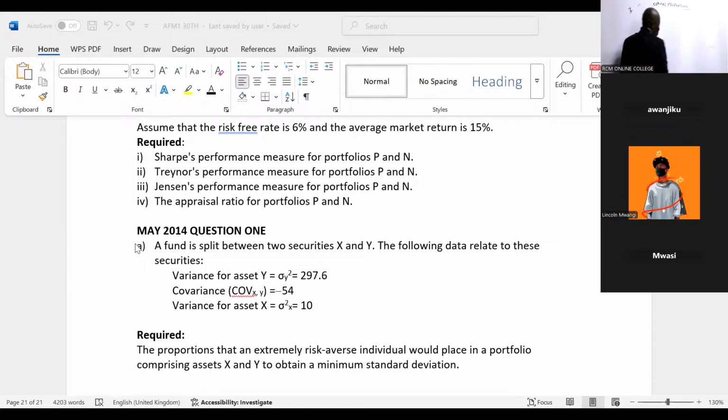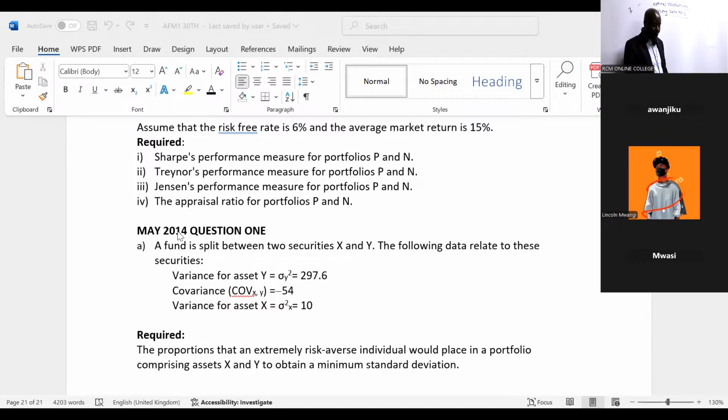From that handout, the very last question on the last page, I'll be able to define what these optimal proportions are.